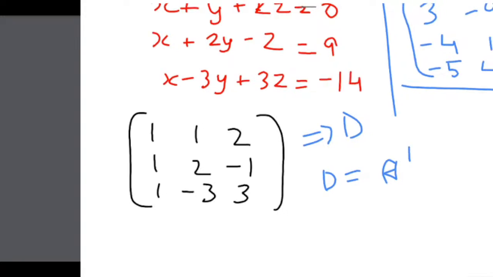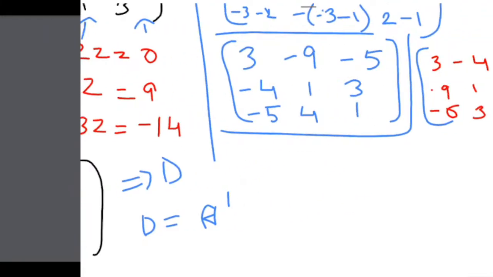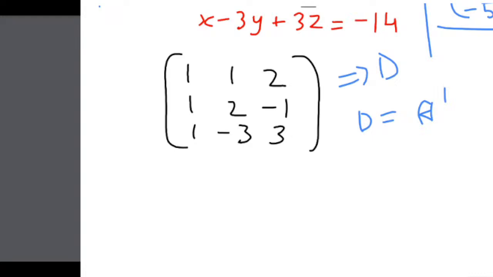So we know that matrix D is equal to A transpose, and then we know that X is equal to A inverse of B. But for this problem, I have taken the equation matrix as D.